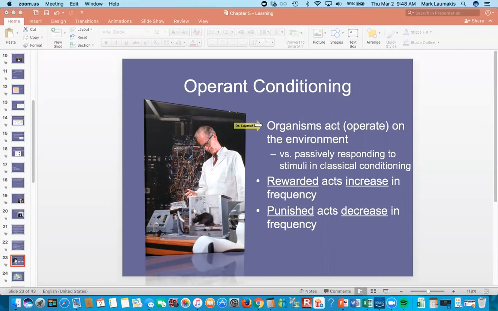I want to begin our discussion of operant conditioning by identifying 2 ways in which we can distinguish it from classical conditioning. The first way is already built into the slide. With operant conditioning, organisms are acting on their environment. They're exploring their environment. They're operating on their environment. That's why it's called operant conditioning. Think of youngsters in a preschool or kindergarten classroom checking things out and knocking around and pulling things off the shelves and playing with them, and how that feels very different from the relatively passive responding that we talked about in classical conditioning, right?